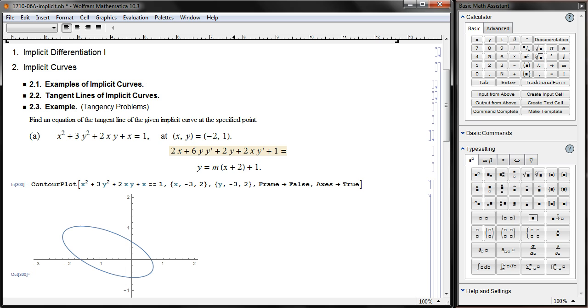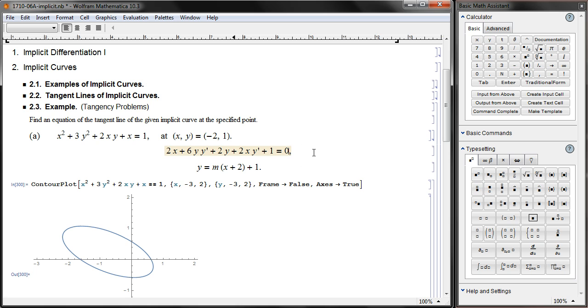And the derivative of the constant 1 is 0. Please recognize that I used the chain rule here to get this y prime. And the product rule here to get the derivative of the first function times the second function plus the first function times the derivative of the second function. And finally, the derivative of y is y prime.